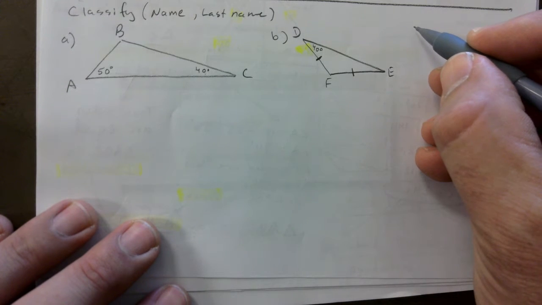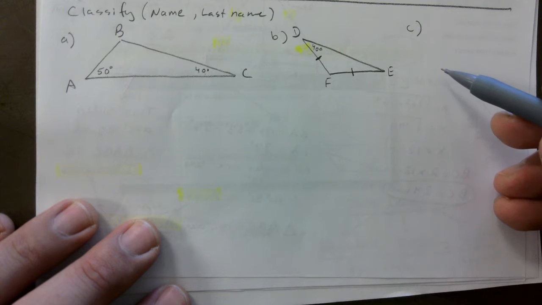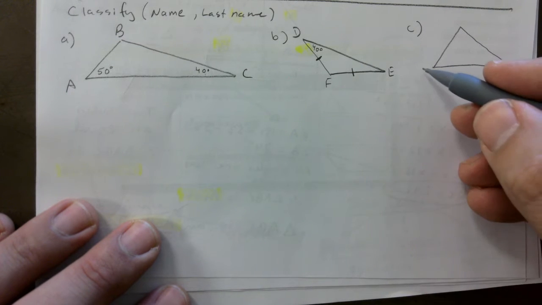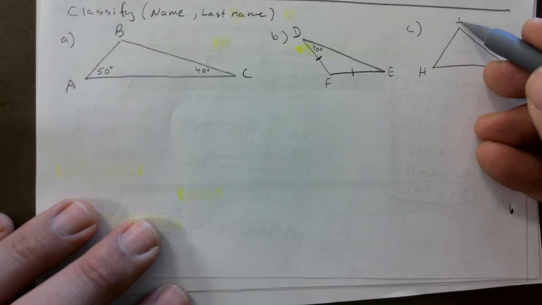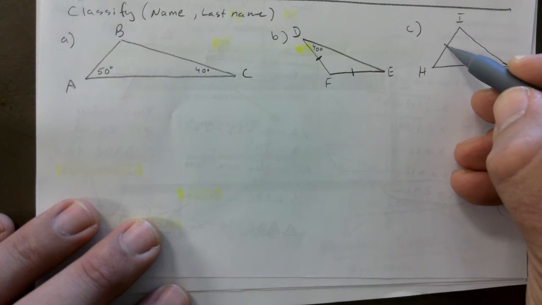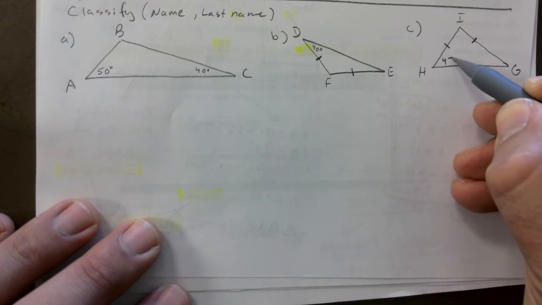And then the third example. And here we're going to go H, I, G. And we know that these two have a mark here. And we know that this one has 45.